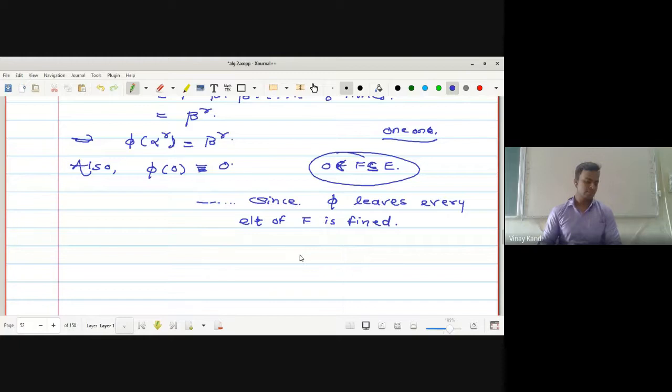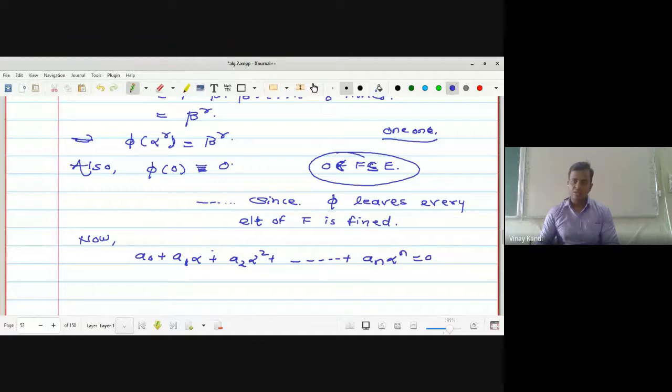Okay. Now we have to show that phi of alpha, that is beta, is the root of f of x. Now we have a naught plus a1 alpha plus a2 alpha square up to so on an alpha raised to n is equal to 0.